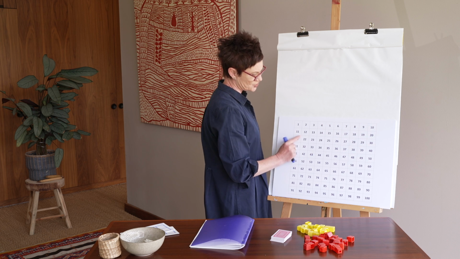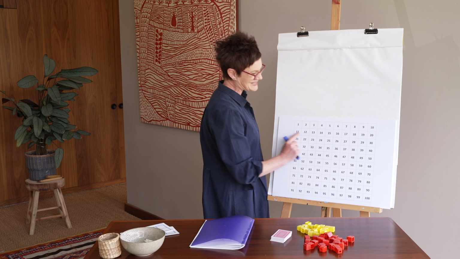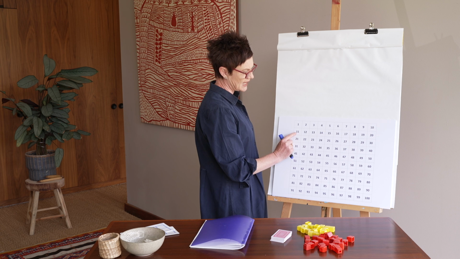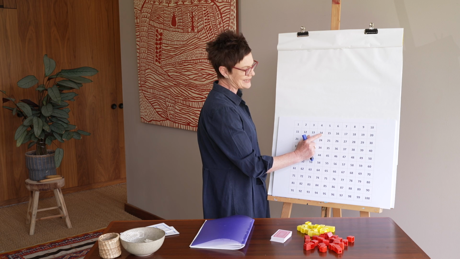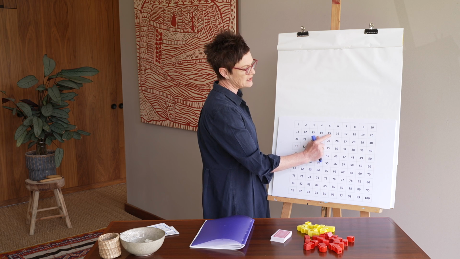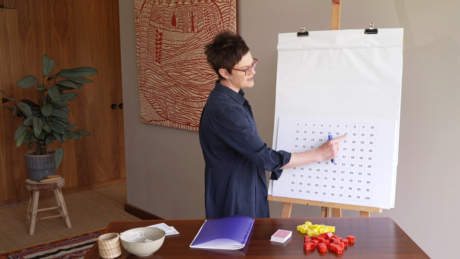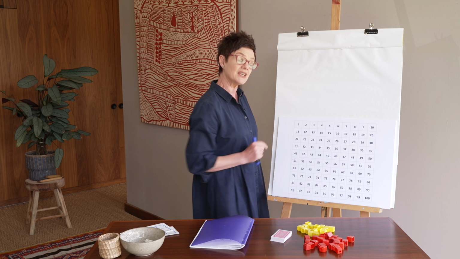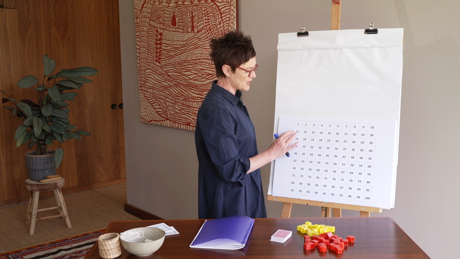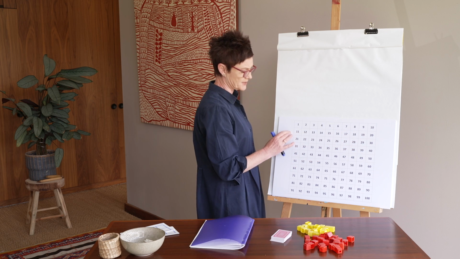After 10, we change our names to the teens. So we say 11, 12, 13, 14, 15, 16, 17, 18, and 19. And that's the funny thing about the English language, because we have special names for these numbers.